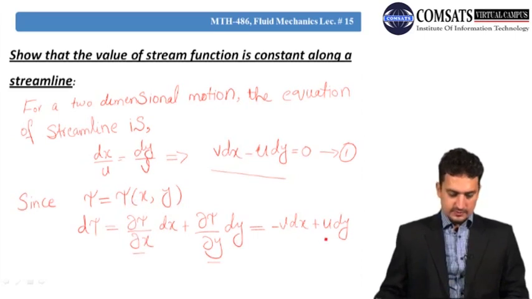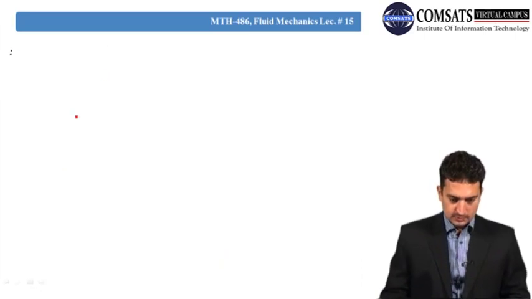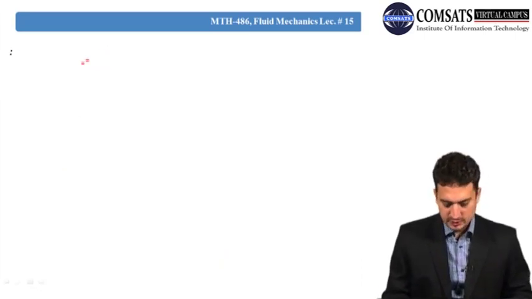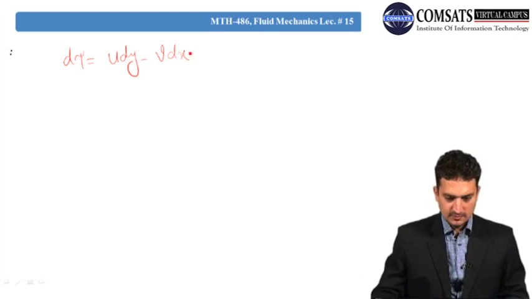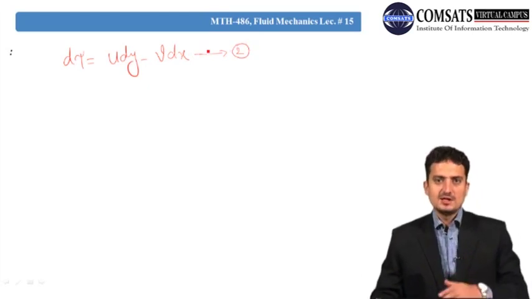So this is written here. In other words, if you rearrange, you can write d psi is equal to u dy minus v dx, and you name it equation 2. How did we write it?